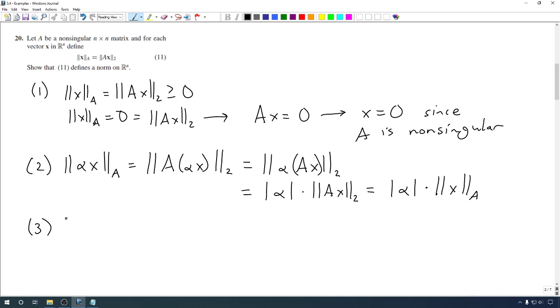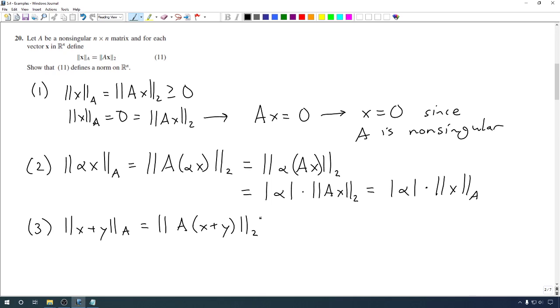Finally, we need the triangle inequality. This time, the triangle inequality is not going to be as painful. So we're looking at the A norm of x plus y. This is going to be the 2 norm of A times x plus y. I think I said this was A plus y.